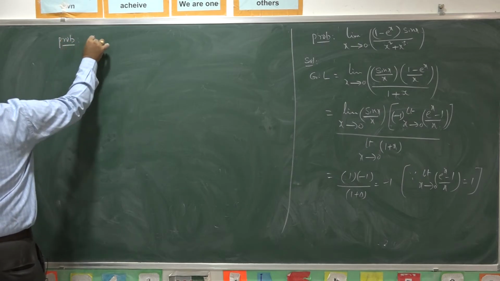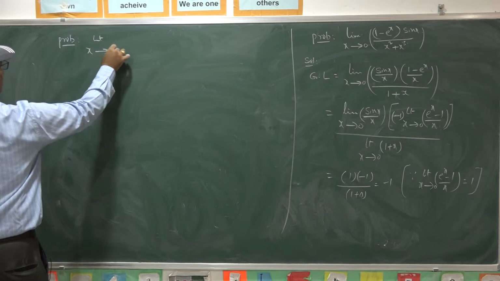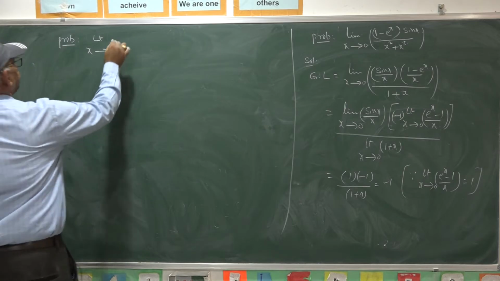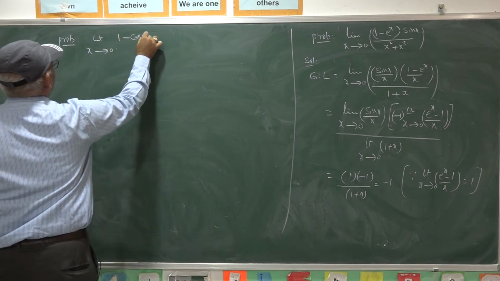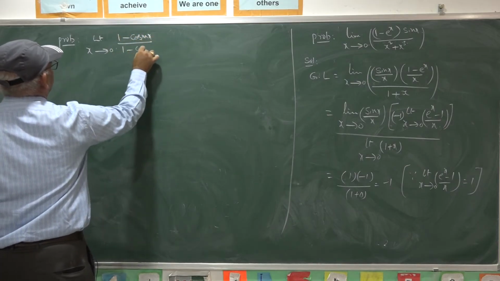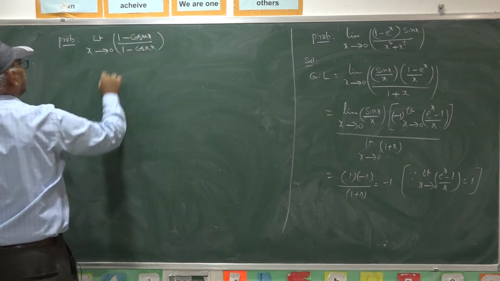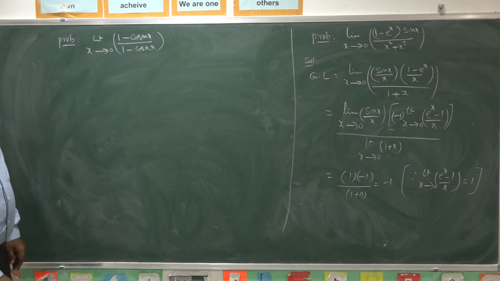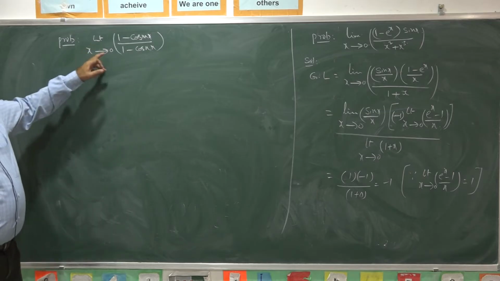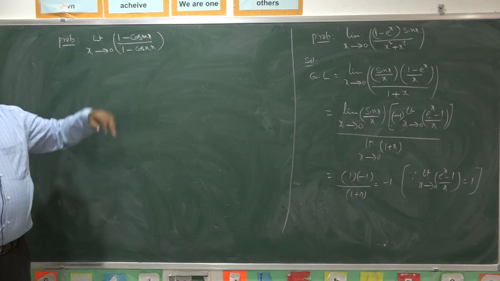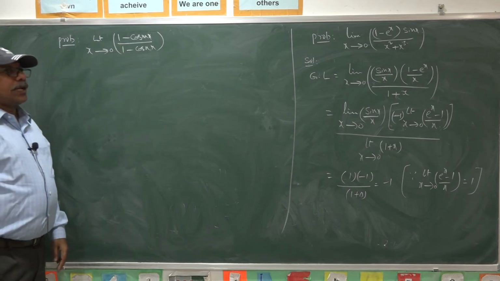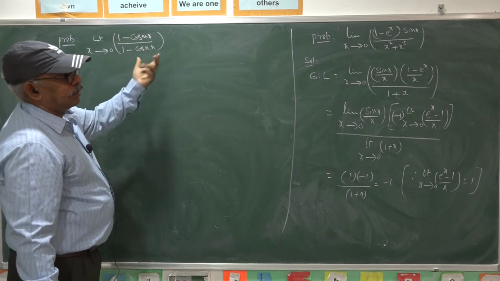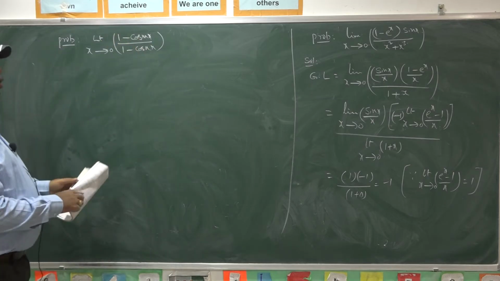This is also one good formula: limit as x goes to 0, 1 minus cos mx by 1 minus cos nx. You can apply this problem as a formula also. Limit as x goes to 0, 1 minus cos mx by 1 minus cos nx. Taking certain values for m and n, you can use this problem as a formula.